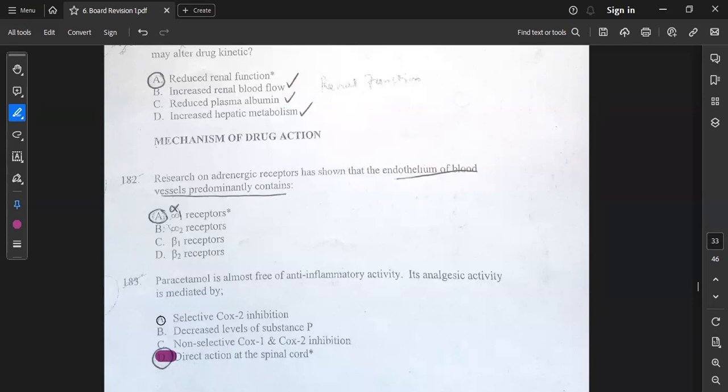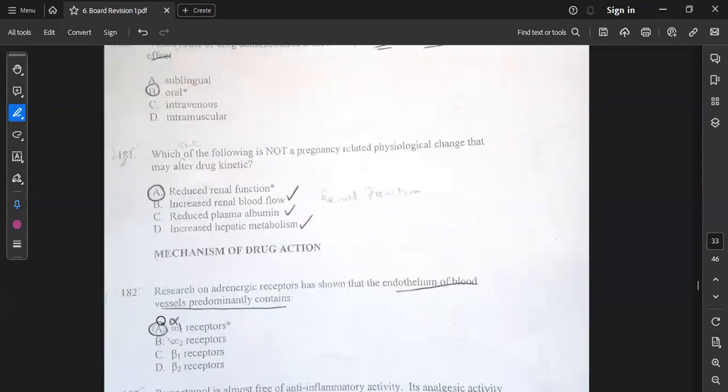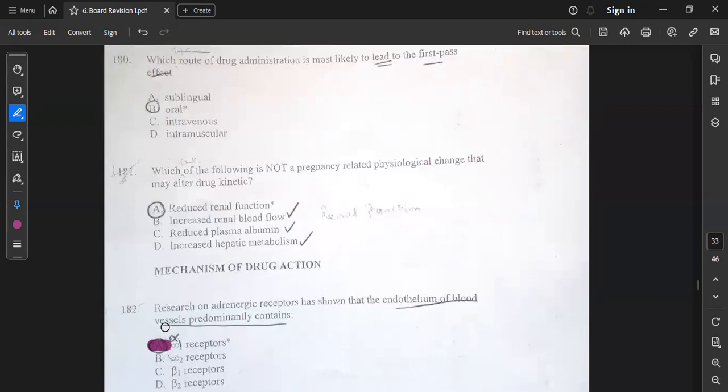In the CNS. Beta-1? Heart. And beta-2 is the bronchioles, right? Okay, guys. So A is the answer over there.